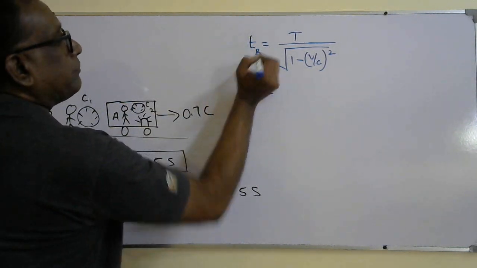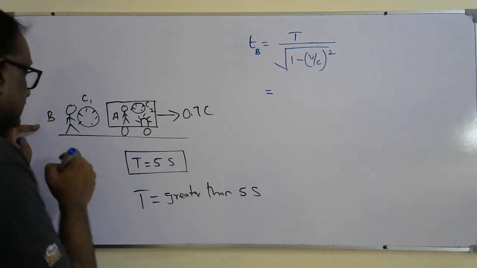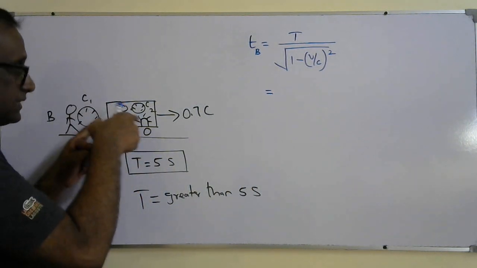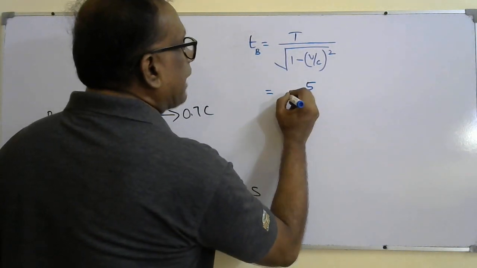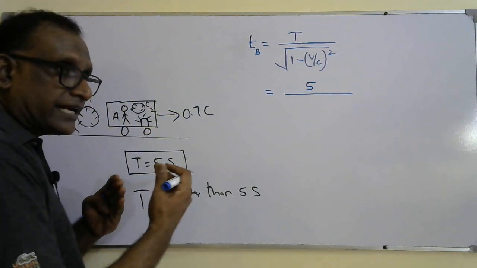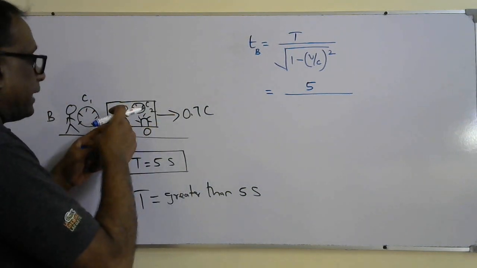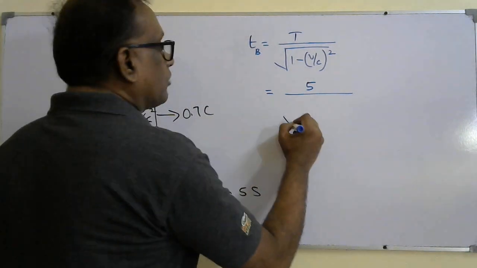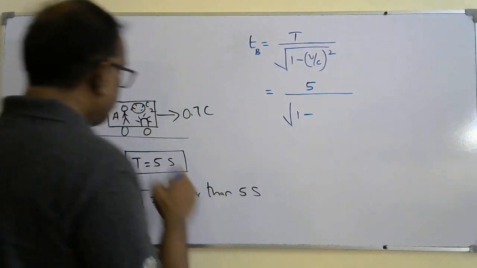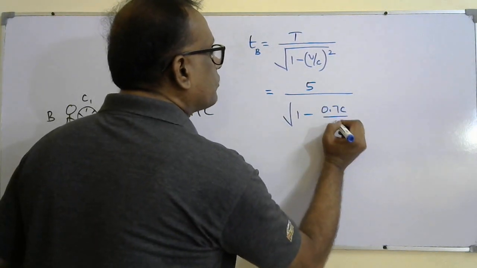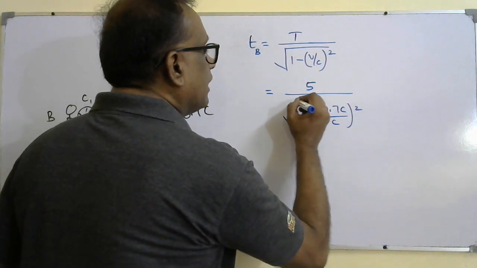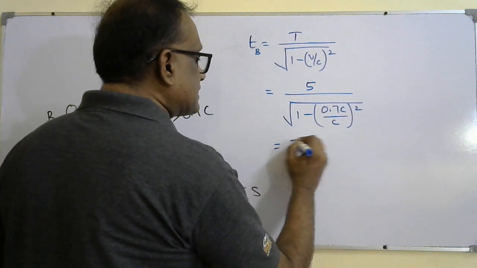B measures the time of the event happening inside the vehicle as 5 seconds over square root of 1 minus (0.7c over c) all squared, where the speed of the vehicle is 0.7c. If you solve, you will get 7 seconds.